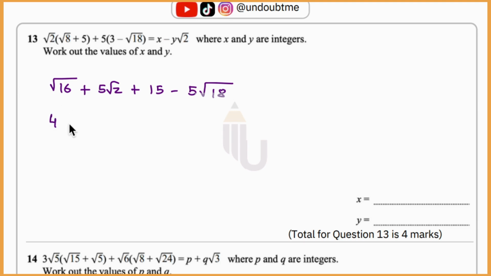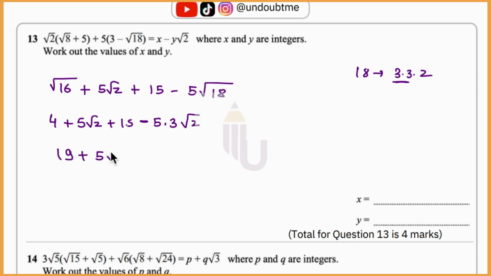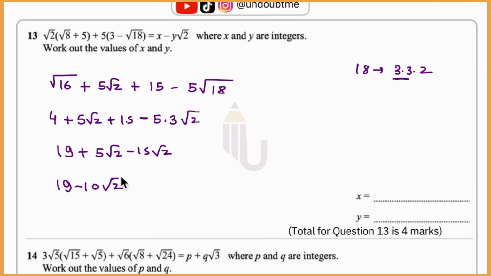Root 16 can be written as 4, plus 5 root 2, plus 15, minus 5 times root 18. 18 is 9 times 2, 9 is a perfect square, so 3 will come out. Basically 18 can be written as 3 times 3 times 2, so there is a pair of 3, that will come out. So I have 19 plus 5 root 2 minus 15 root 2. 19 minus 10 root 2 is the final answer.